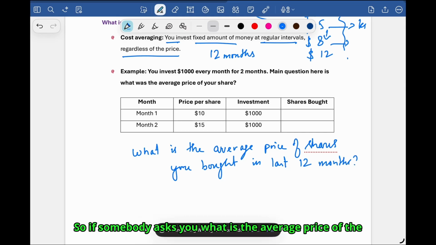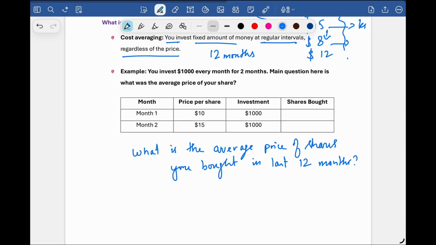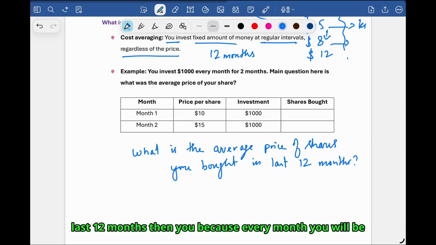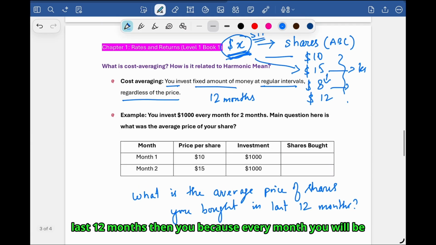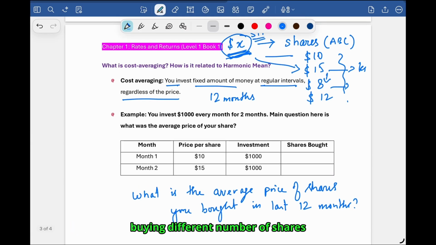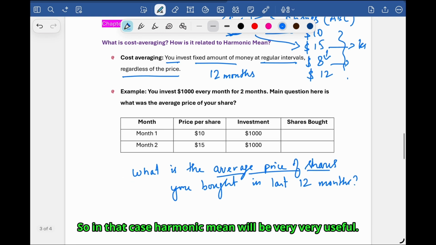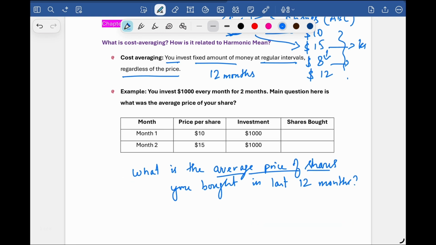Because every month you'll be buying a different number of shares, right? But you want the central one value, the average price of the share. In that case, harmonic mean will be very, very useful.